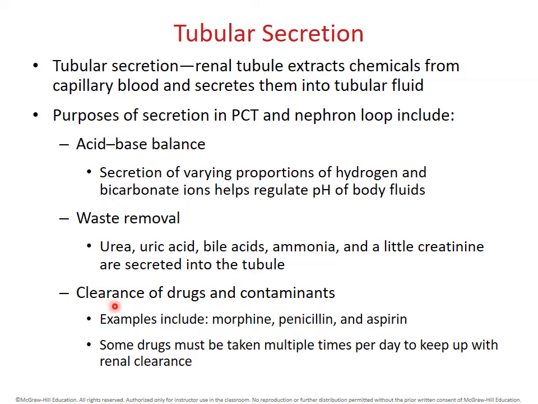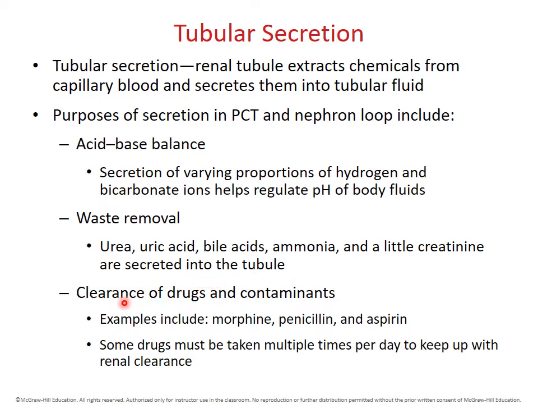And then, of course, if there are some unusual things in the blood that the body considers potentially dangerous or toxic, the kidneys, along with the liver, are going to be working to excrete those or get rid of those as well.